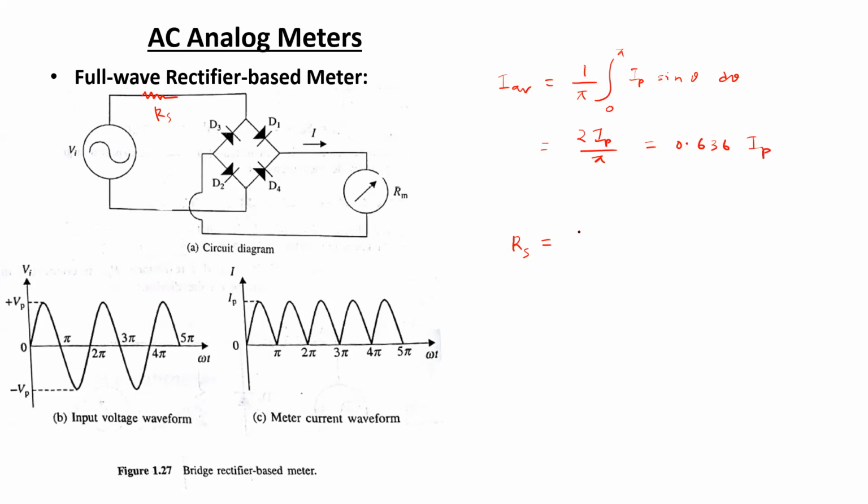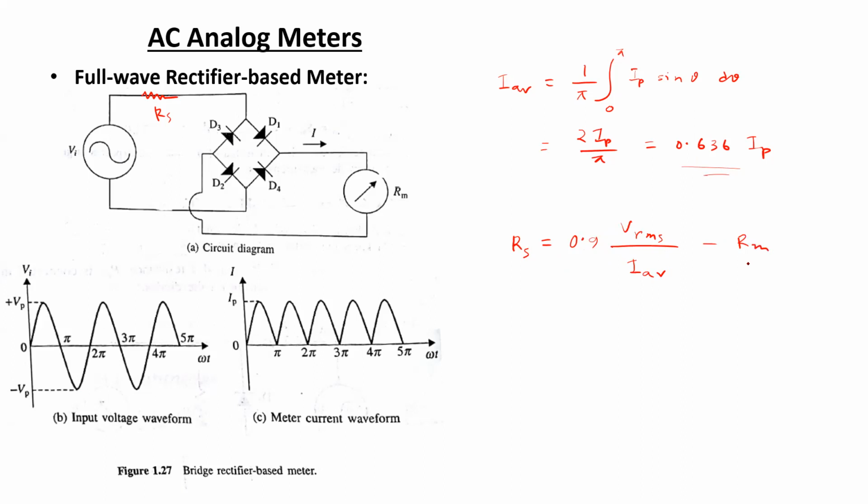Now, in this case, just the multiplication factor will double. So instead of 0.45, as the average current is getting doubled, here as well the multiplying factor will get doubled, and we can write the expression of the multiplier resistor as 0.9 into Vrms by I average minus Rm.